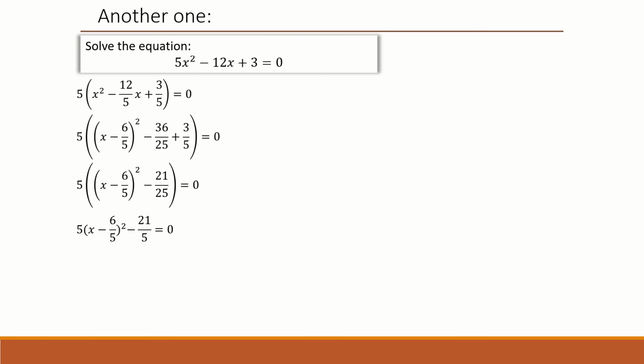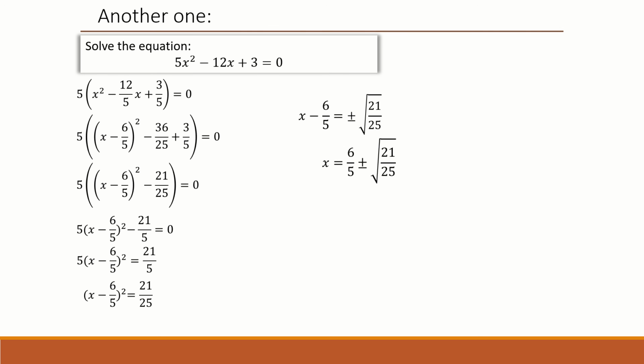Expand the bracket, which should give you that. Move the 21/5 to the other side. Divide that by 5. Square root everything, making sure to include the plus and minus symbol in front of the square root. Move 6/5 to the other side, and that should be your answer.